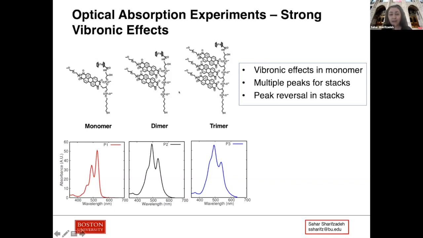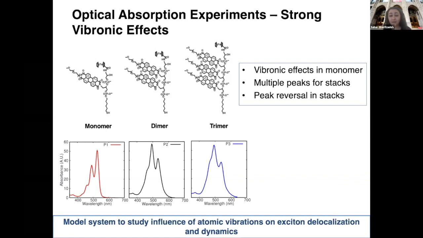When we go to stacks, we see a different shape for the spectrum that, at least for the dimer and trimer, looks very similar to each other, but different from the monomer. So there's something happening with stacking. There's a peak reversal, there's a broadening of peaks, and this could be due to different vibronic effects, also different excited states.